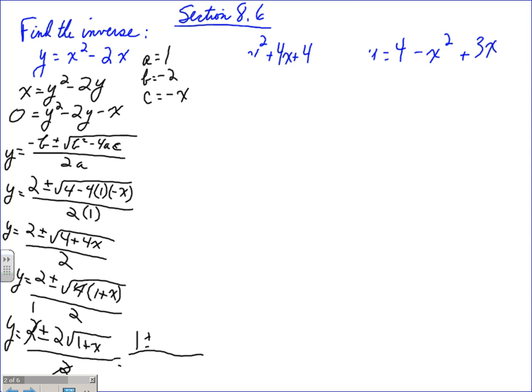That's a 1. And that's a 1. And that's 1 plus or minus the square root of 1 plus x over 1. And I don't need the 1 on the bottom. That's the inverse. Okay?